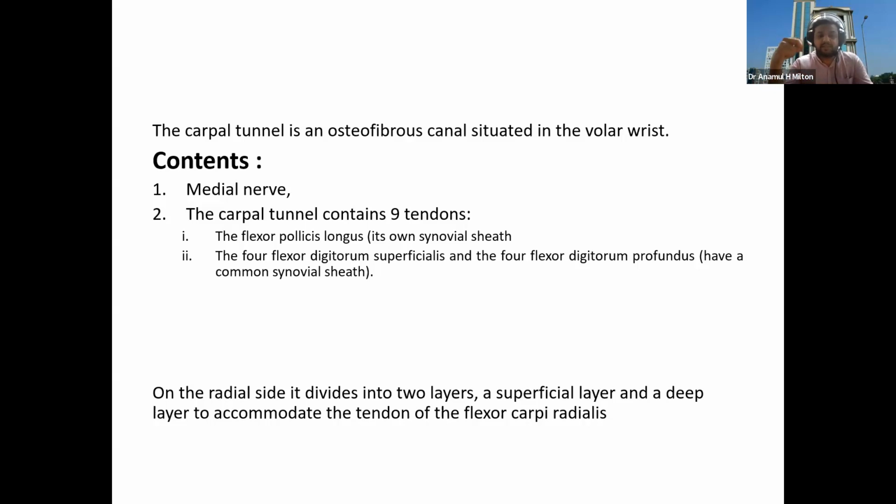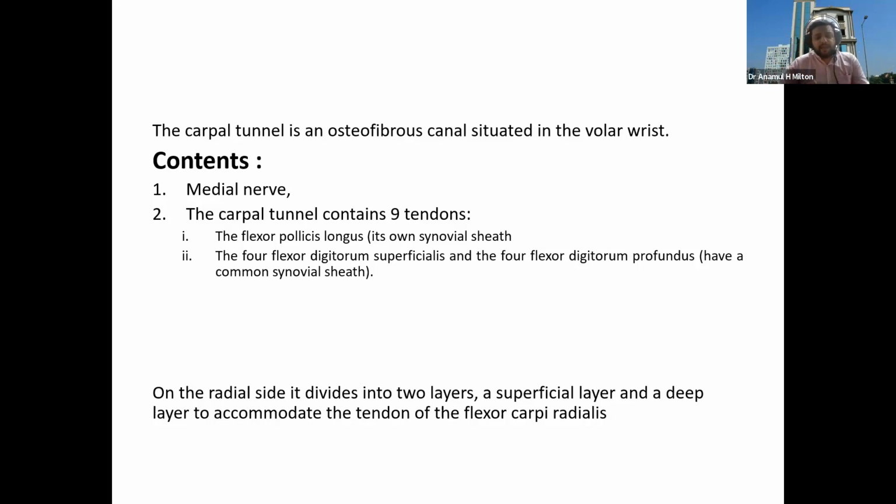One is the flexor digitorum superficialis, with 4 tendons within one sheath, and another is the flexor digitorum profundus. So the 4 flexor digitorum superficialis tendons are within one sheath, and the 4 flexor digitorum profundus tendons are within one sheath. So there are 3 common sheaths there.